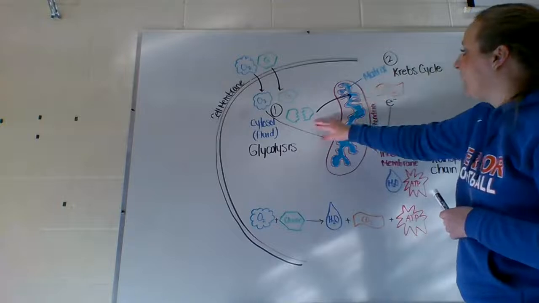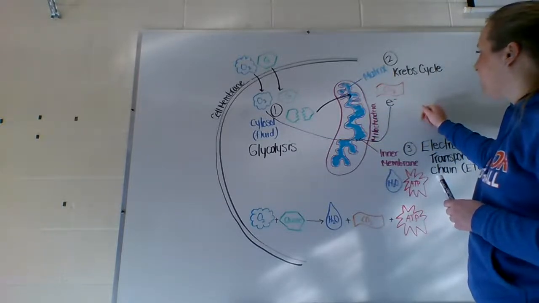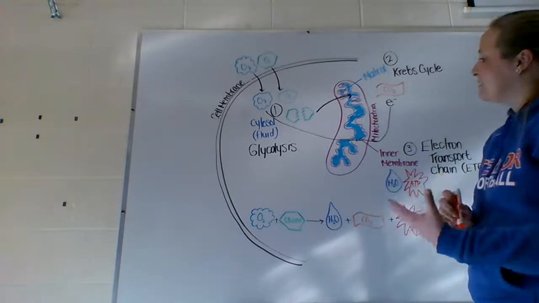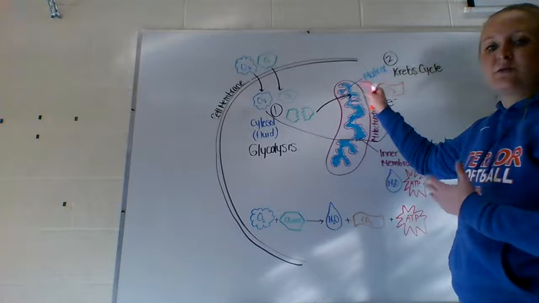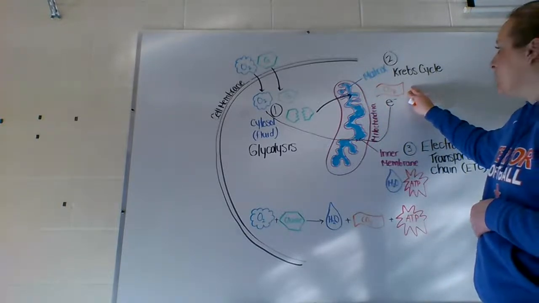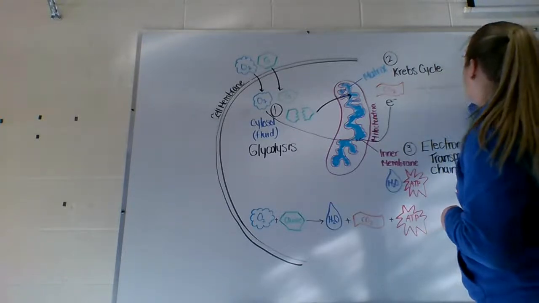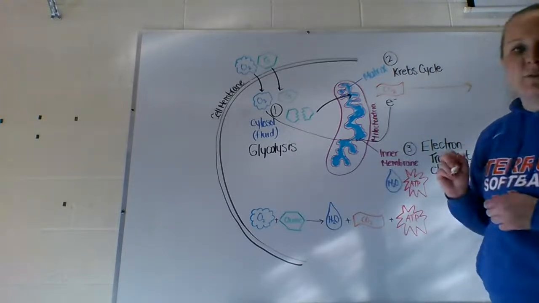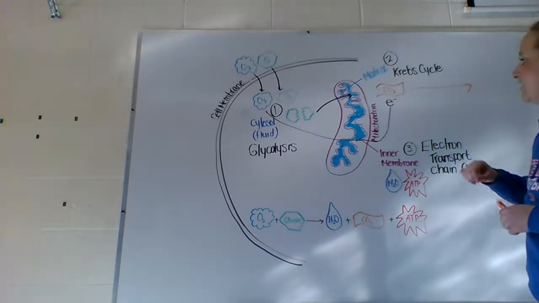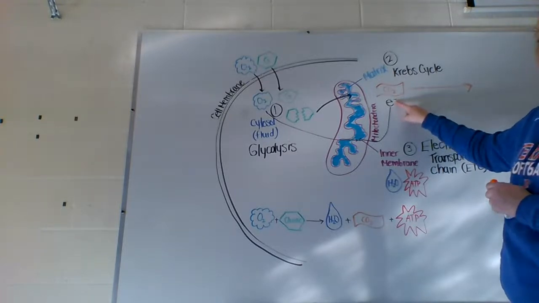The pyruvic acid molecules enter the matrix, and that series of chemical reactions breaks pyruvic acid down even more, producing carbon dioxide, which we breathe out. So carbon dioxide is released. It goes bye-bye. We don't need it anymore. And it produces electrons. Electrons have a negative charge, which is what this minus sign is showing you.